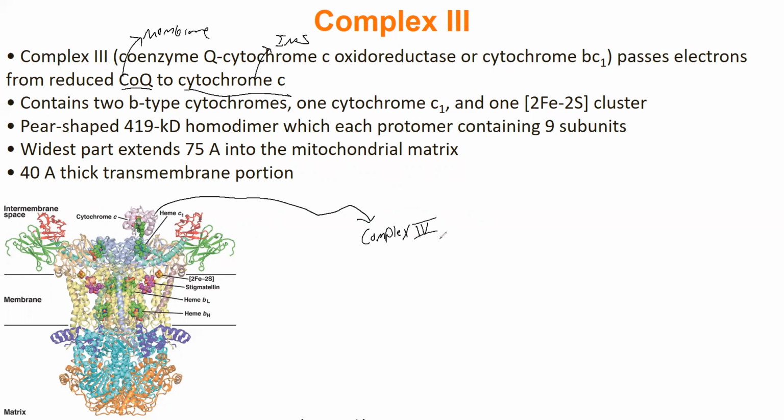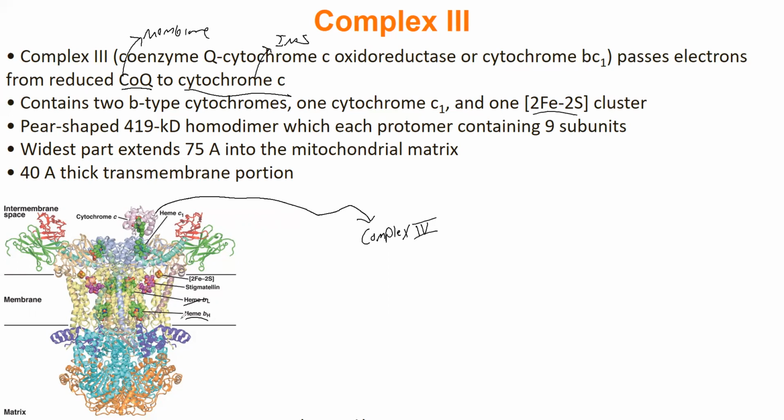To move the electrons around, we have things that we have seen in the other 2 complexes, these iron sulfur clusters. They, again, help us to move electrons around safely. We also have the cytochromes, which are going to be our catchers, and we have hemes. These hemes, again, are very important for moving electrons.